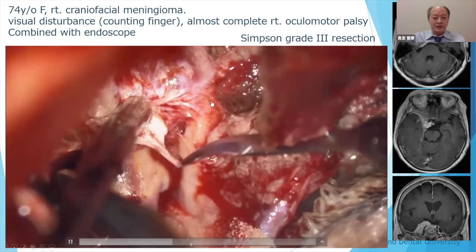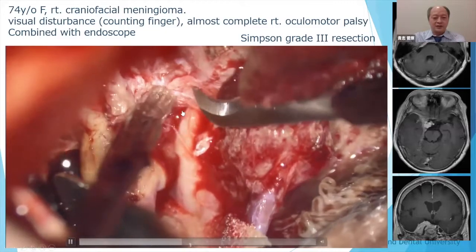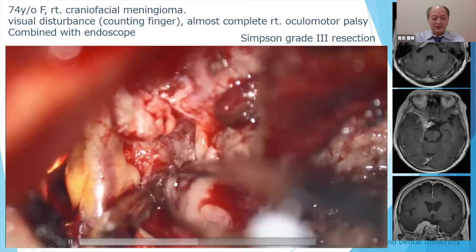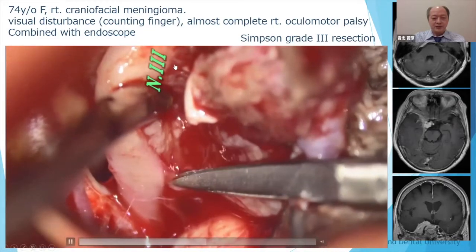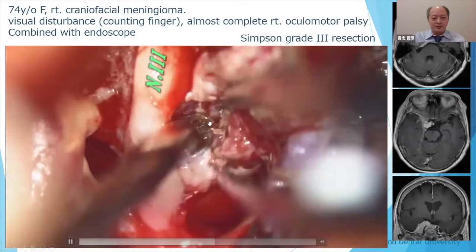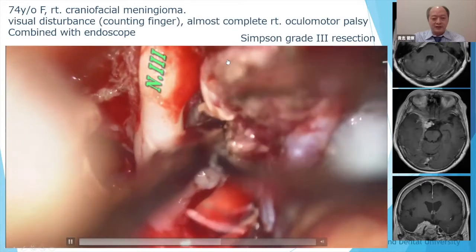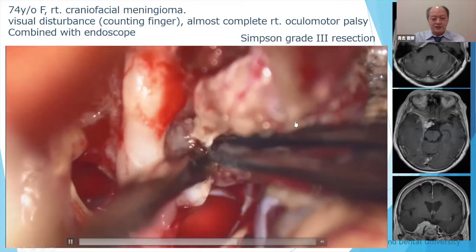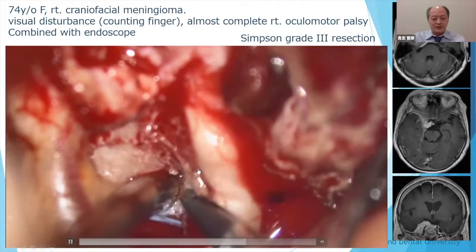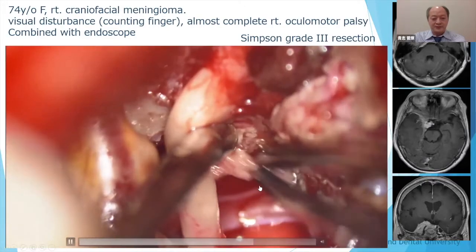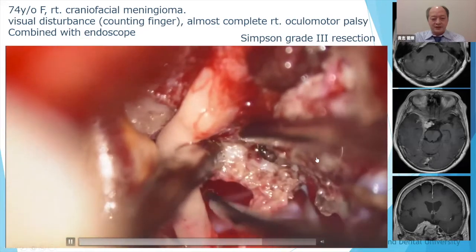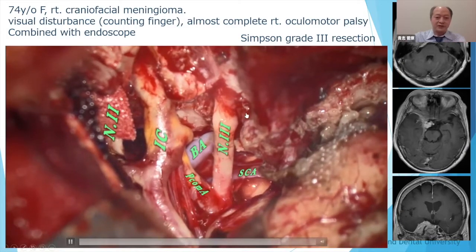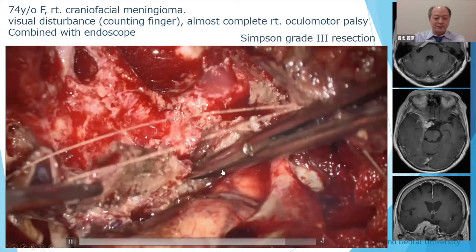nerve function. Here, again, I open the oculomotor cave this way, and the tumor compressed the oculomotor nerve like this, and I remove the tumor. Here is the posterior fossa, and the nerve was decompressed like this.